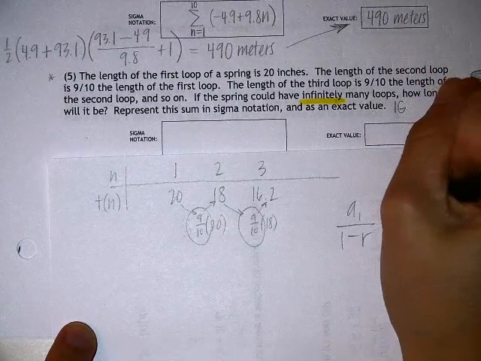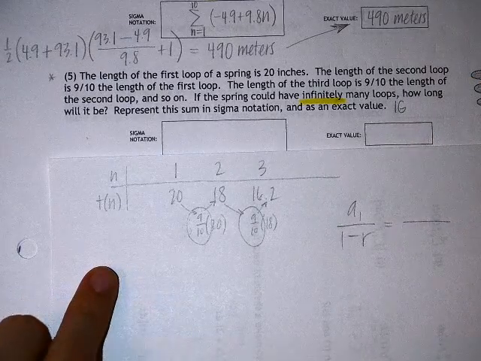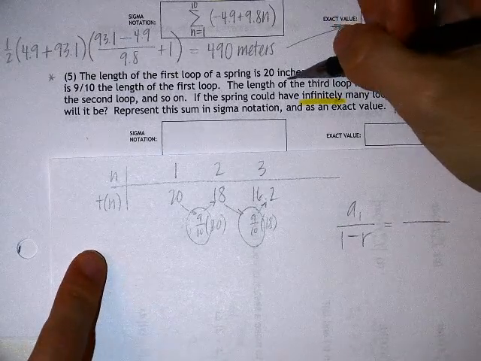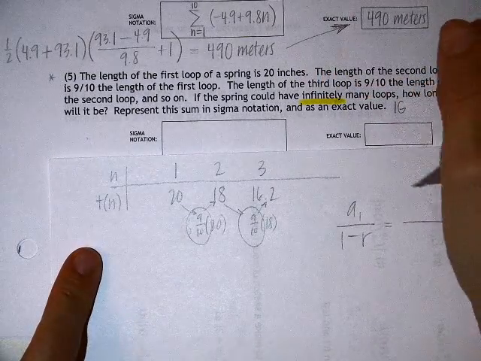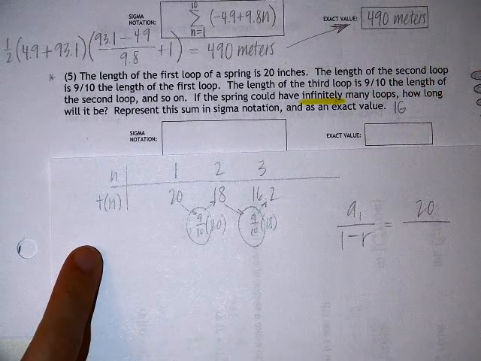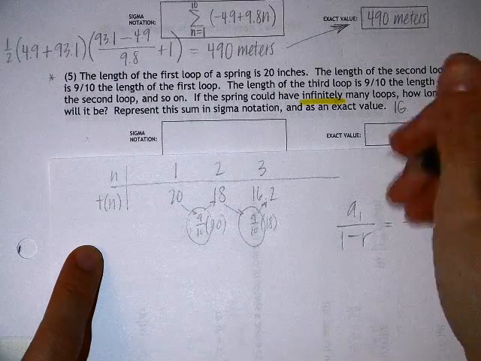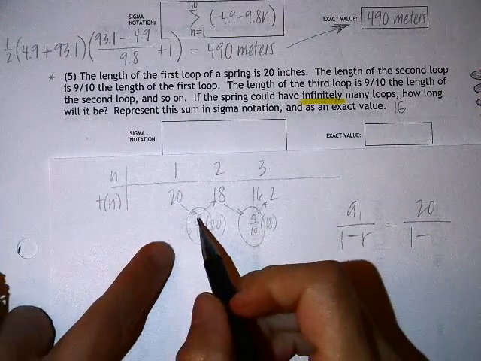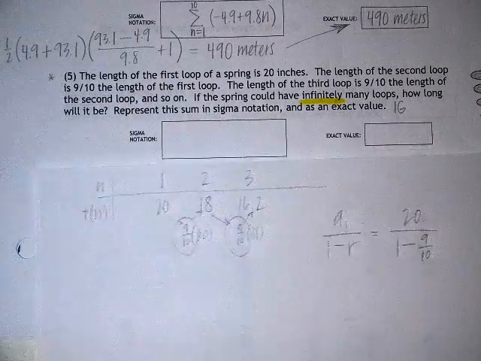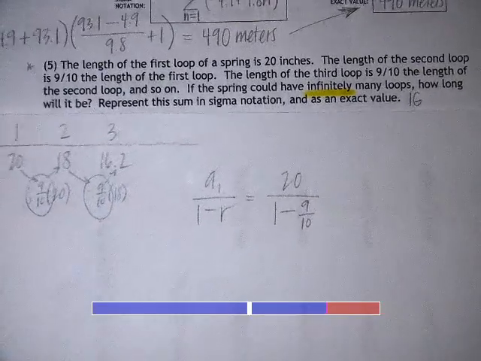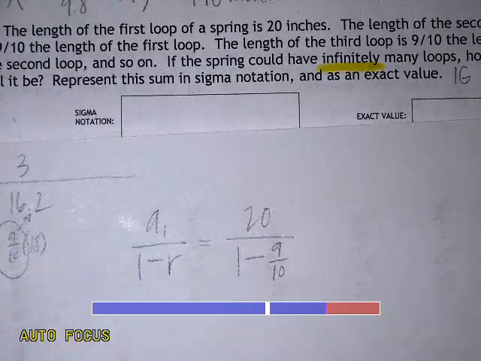Now thinking about this logically, a sub 1 would be the first loop in the series. The first loop in the series was 20 inches, so I'm going to interpret that to be my first term. The r would be the multiplier, which I've already established is 9/10.